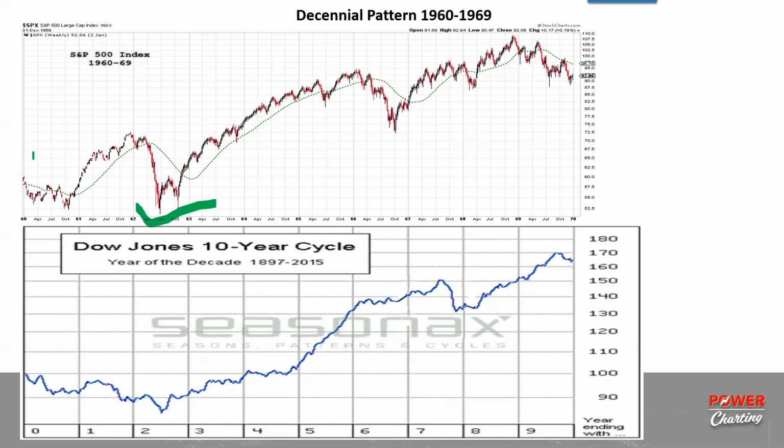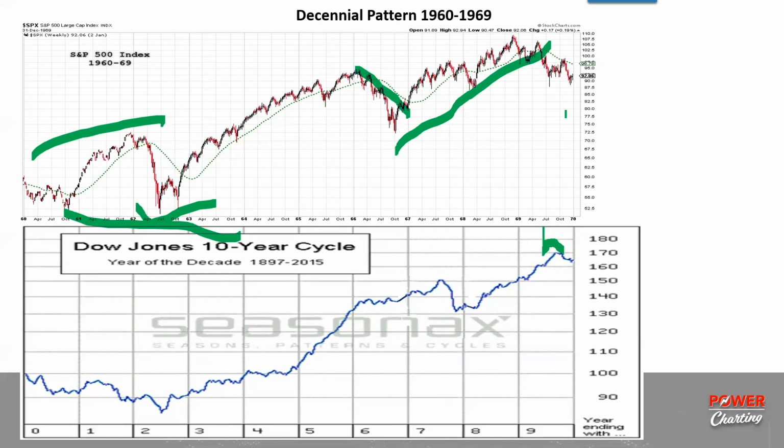We actually did a case study on the broadening formation that existed here, but look at the 2nd year, an important low, then a test, and then a rally into the 6th year. The reaction came in the 6th year, not the 7th year, and then we had an important run up into the 9th year. Here was the peak, which came a little early, and then turned down into 1970.